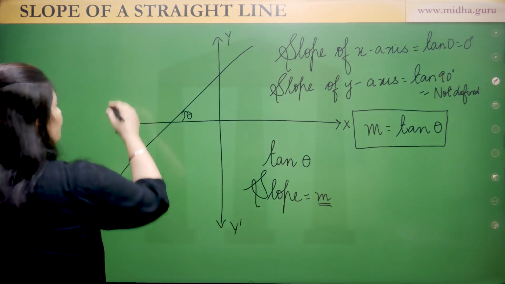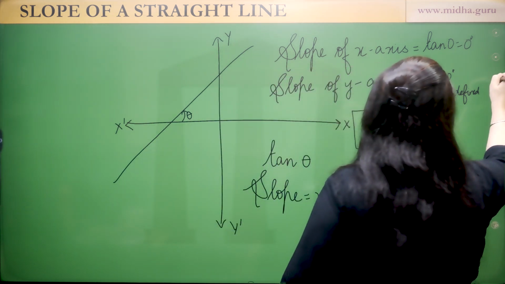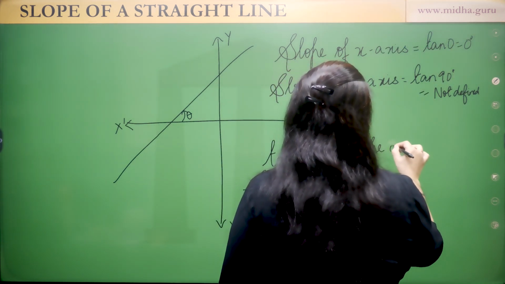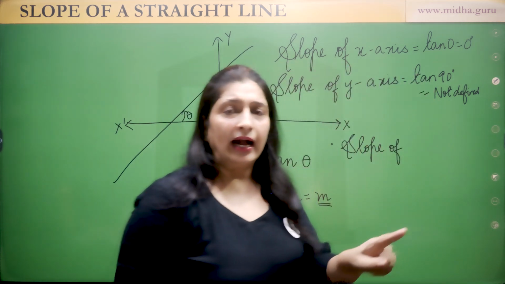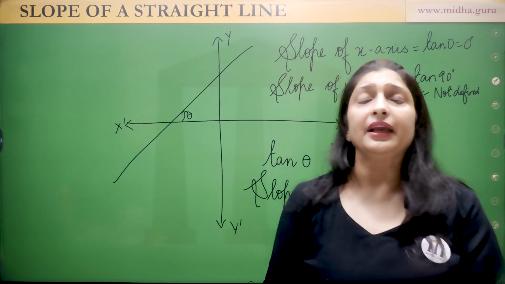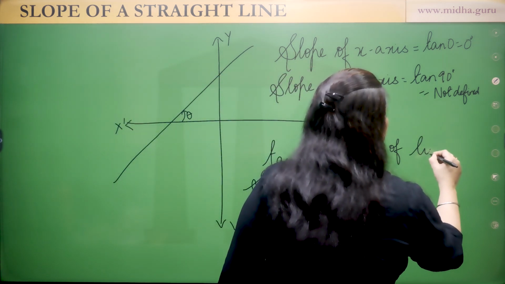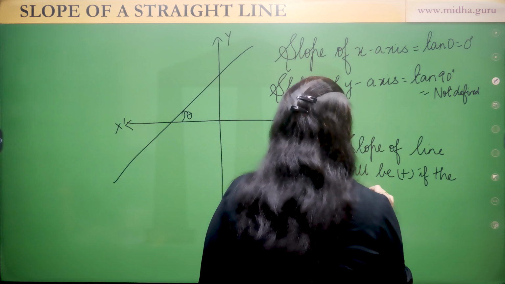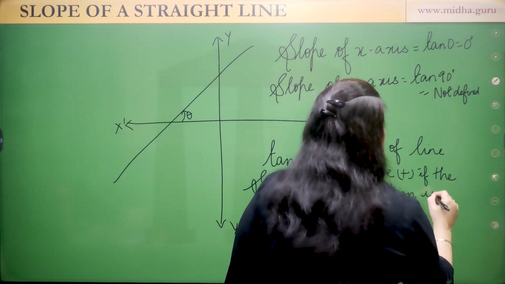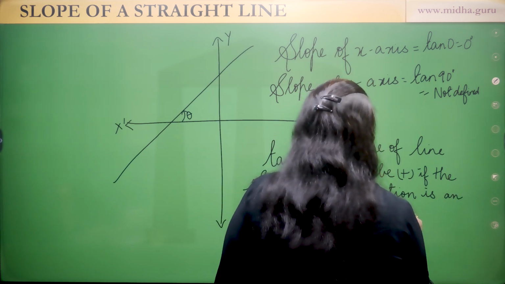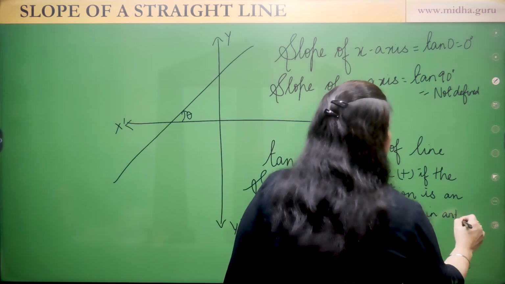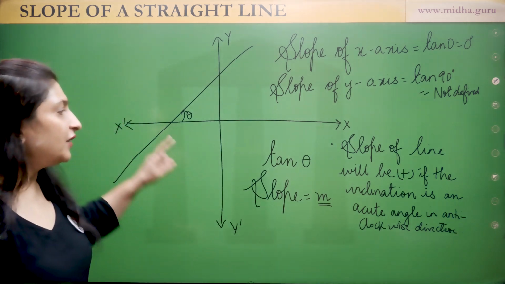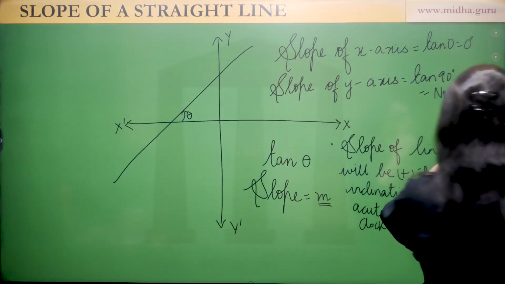So we can say that the slope of a line will be positive if the inclination is an acute angle in the anti-clockwise direction. I'll give you an example. We'll see this with the example.